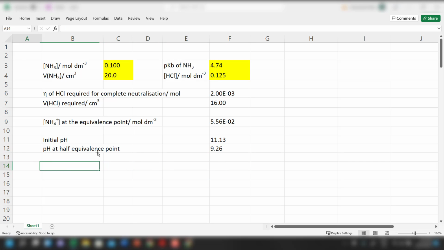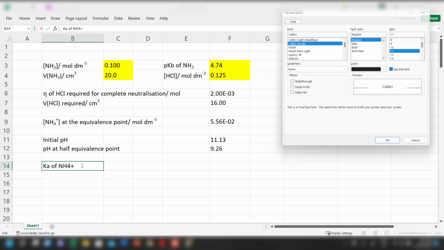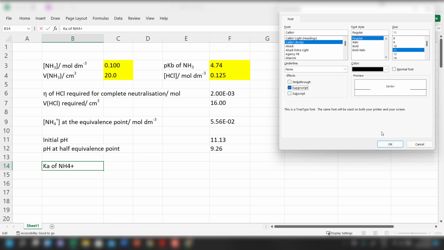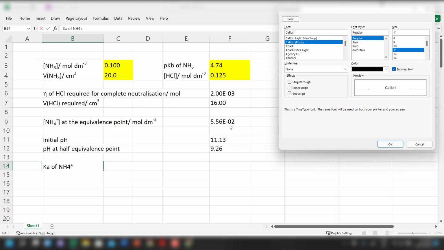What about the Ka of ammonium, NH4 plus? Can that be done easily as well? That can be determined quite easily, because we know the formula with respect to the pKw. So let's try to do it.